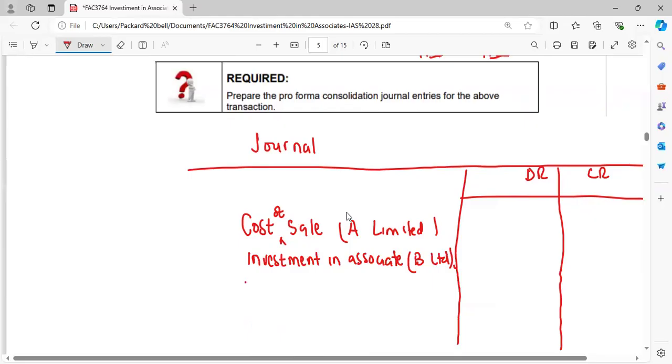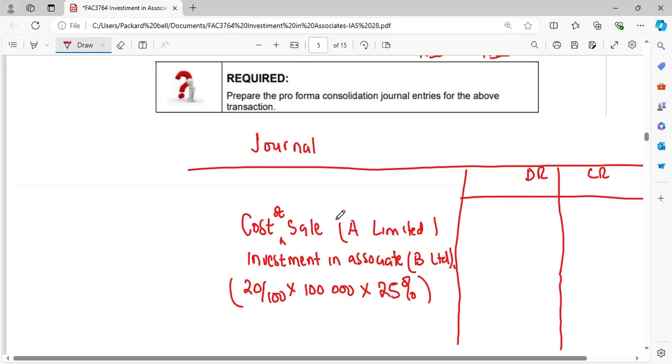Which is going to be 20 over 100 times 100,000 times what? Remember, we only eliminate to the extent of the investment in the associate. So it's going to be times 25%. Don't forget this when you are doing IAS 28.